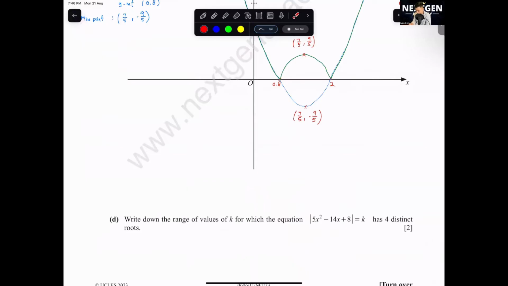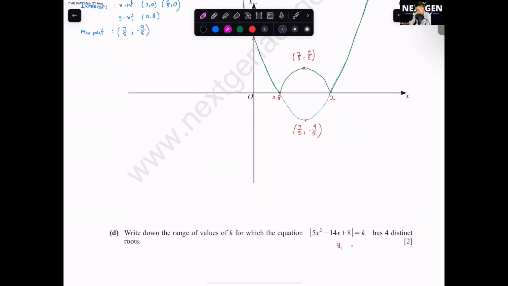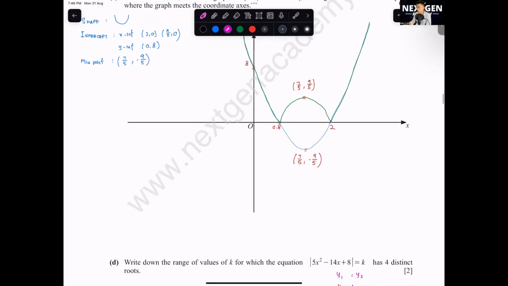Question D: write down the range of values of k for which the equation modulus of 5x squared minus 14x plus 8 equals k has 4 distinct roots. So 4 distinct roots means what? This just means y1 equals y2. If y2 equals k, that means y2 is a horizontal line.